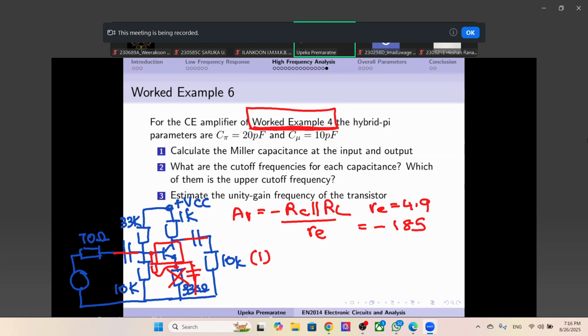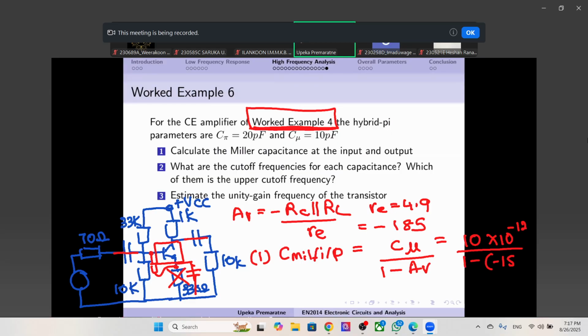First, we have to calculate the Miller capacitances. First, the Miller capacitance for the input, which is C mu divided by 1 minus AV. So that is 10 to the power 10 times 10 to the power minus 12 divided by 1 minus 185.